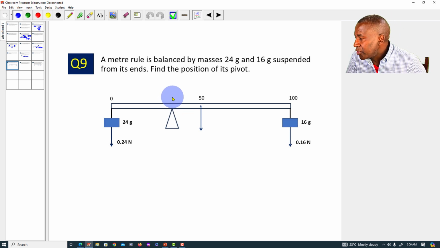So you're going to call this point O, and you take moments about this particular point.